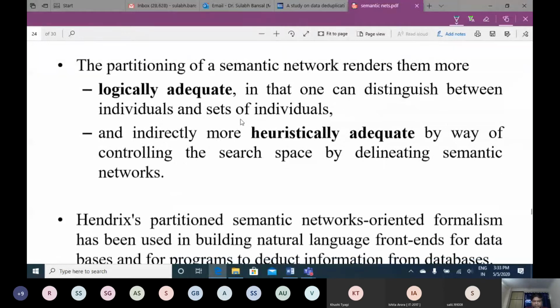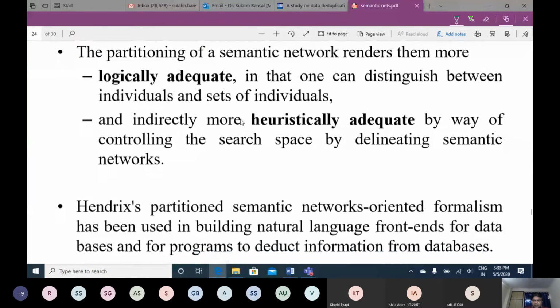So what is the benefit of partitions? It's similar to what you say, modularization of a program.